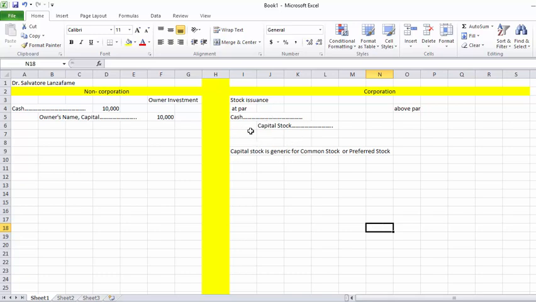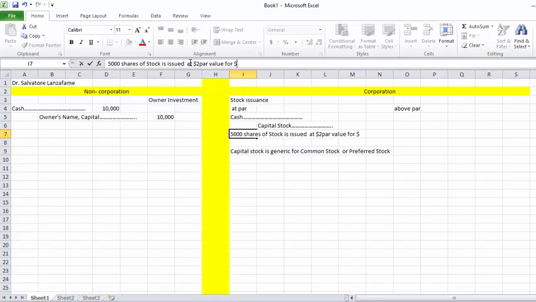So let's create a little scenario here for the stock issuance at par. Let's say 5,000 shares of stock is issued at $2 a share. Okay, we'll say $2 par value, for $2 a share.